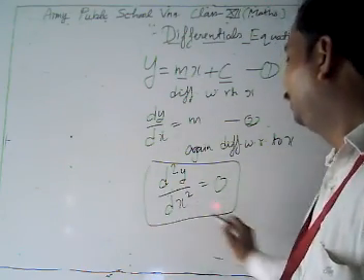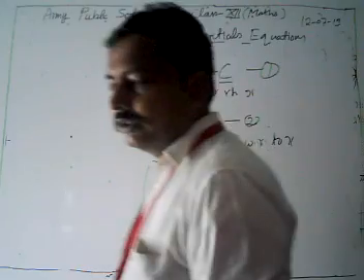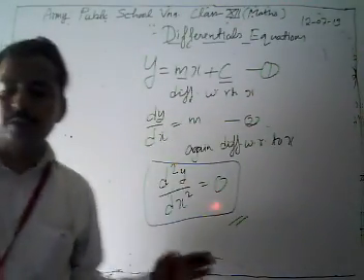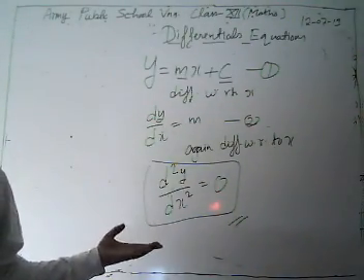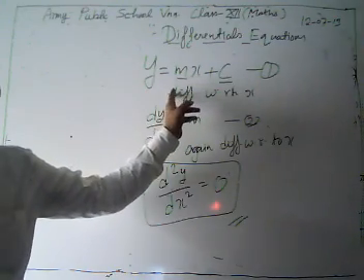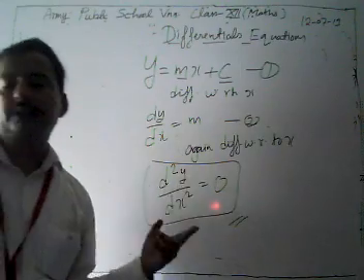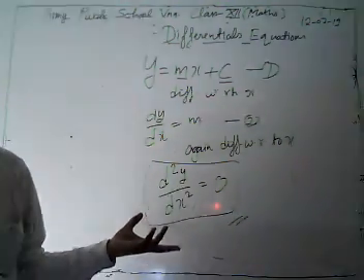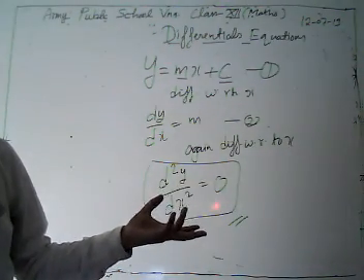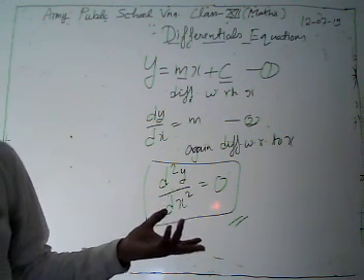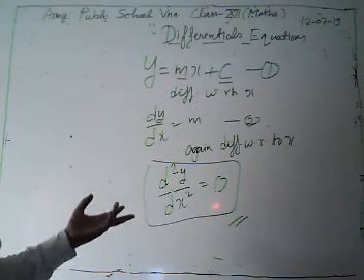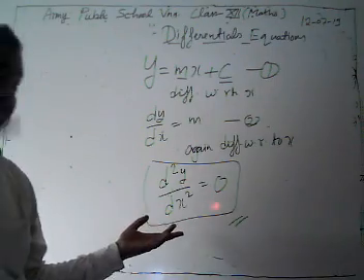Now this is our second order derivative, d2y/dx2 equal to 0. This represents the differential equation of a line y equal to mx plus c, having slope m and intercept c. This is representing the family of straight lines.